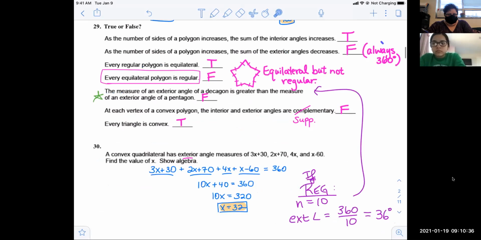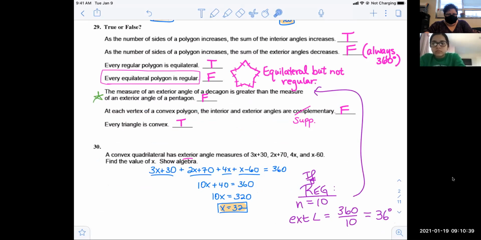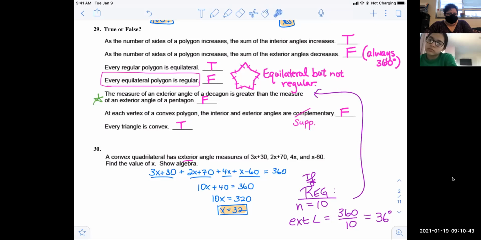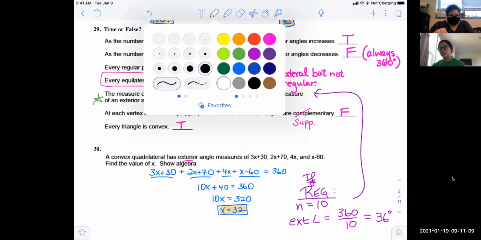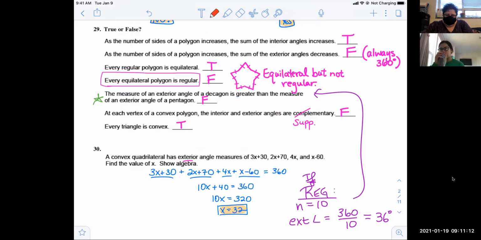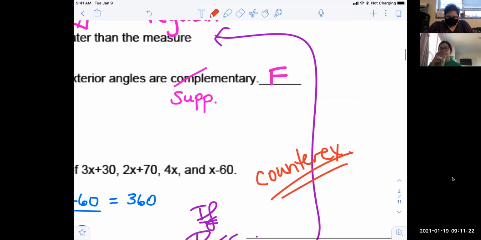Okay, and then here's the true false. So that R was weird.